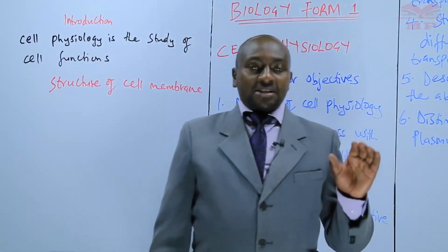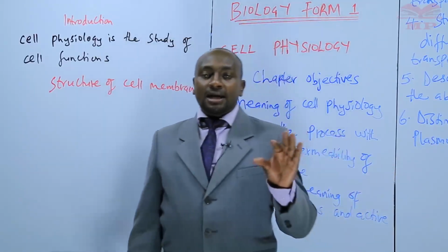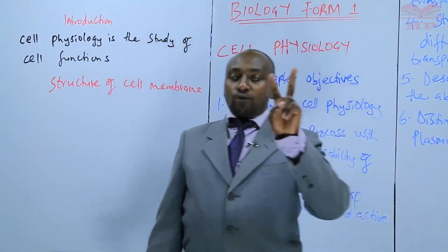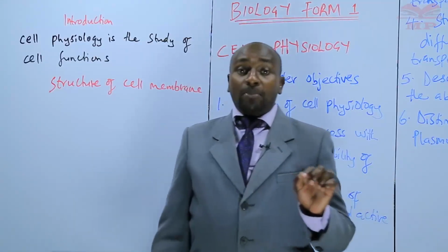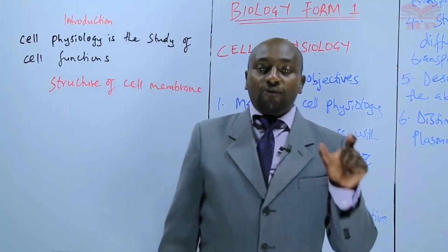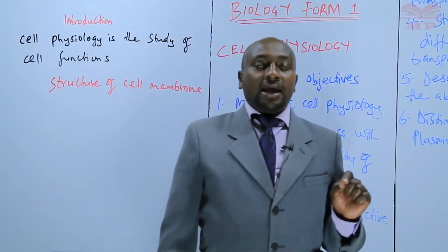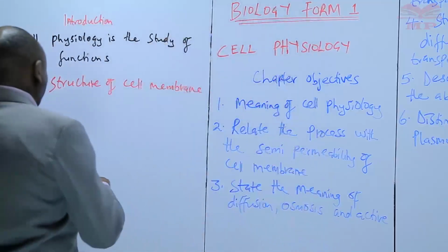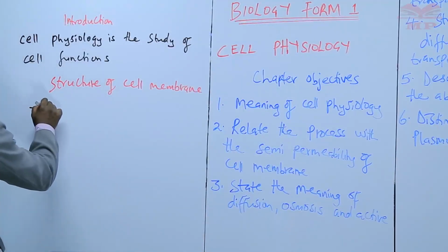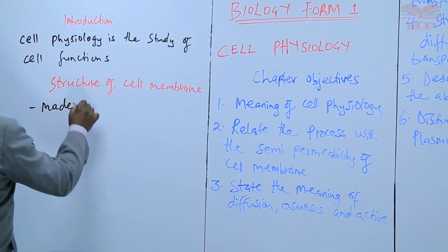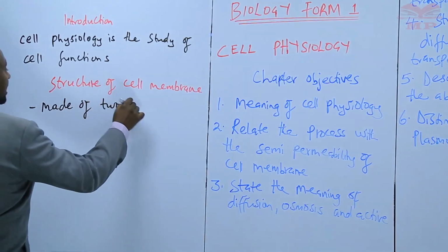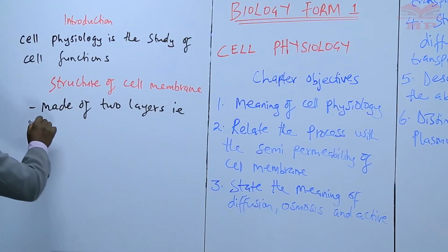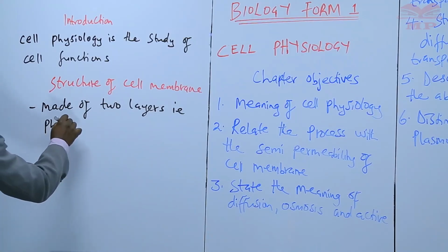So the cell membrane is a membrane or a layer that is made up of two things. It's made up of something that is called a phospholipid and a protein layer. So it's made of two layers, i.e. phospholipid and protein.